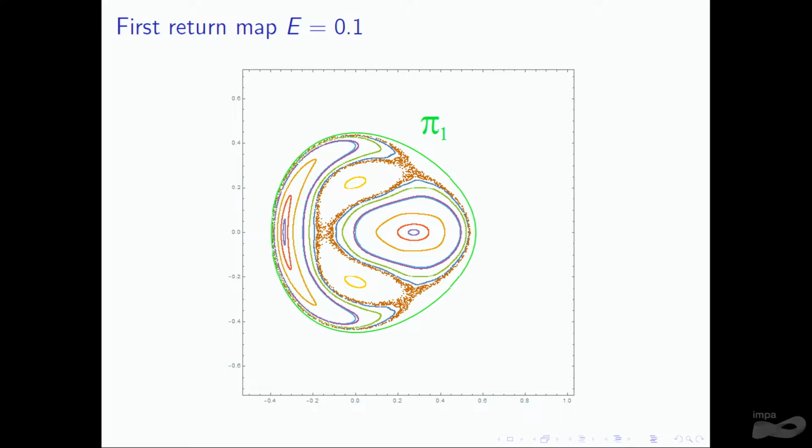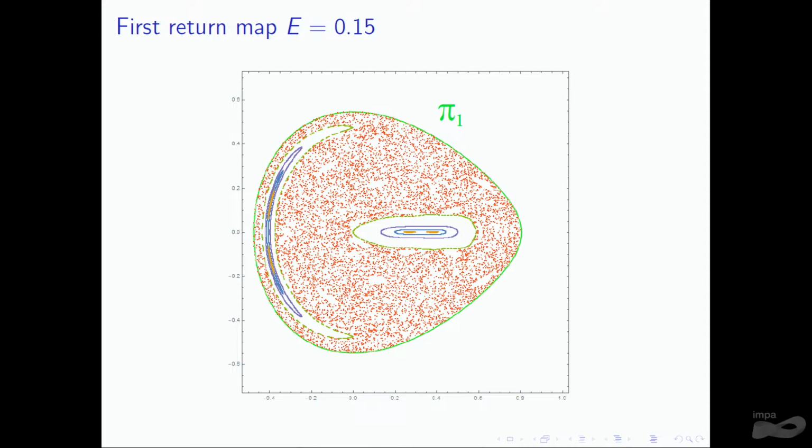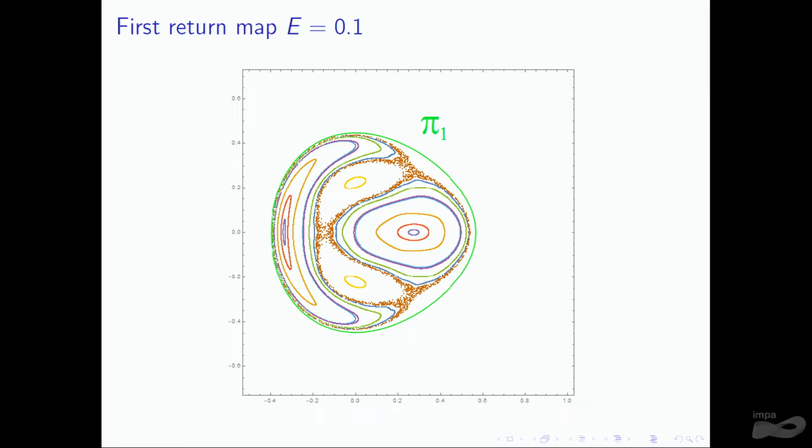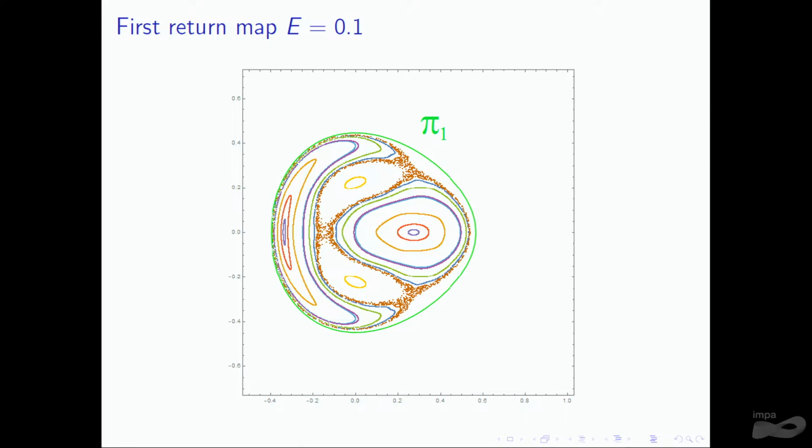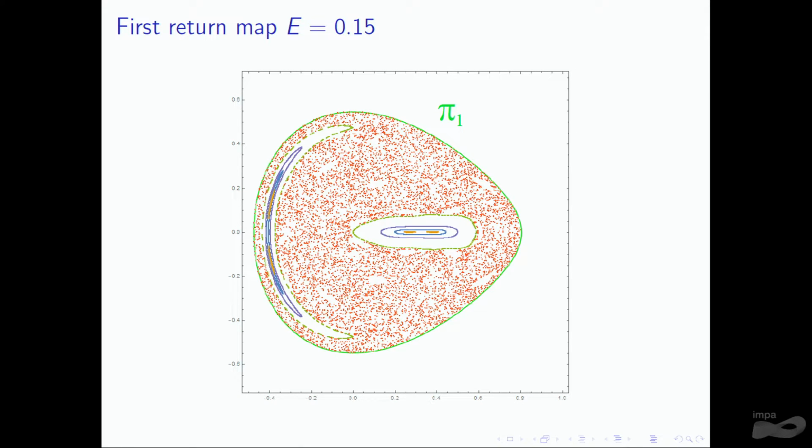So if we increase a little bit more the energy, slightly below the critical value, then we see this, what in that paper they call ergodic. It's not ergodic, but they call it that. So in this region here that we see a lot of points, it corresponds just to 3 or 4 different trajectories, and it spreads over that region here.